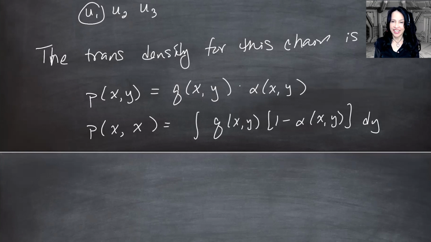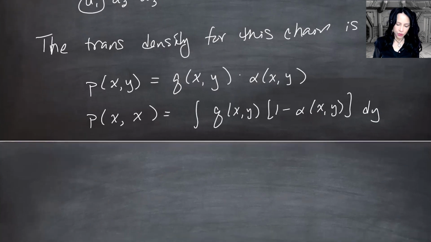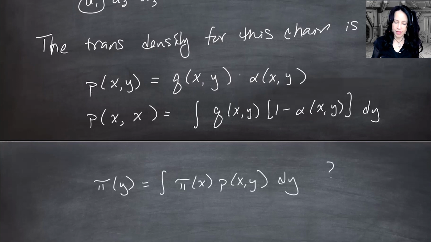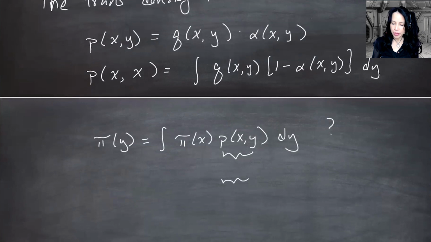So if you want to show that this is going to give you the right thing, you try the stationary equation. If you want to show that pi of y is the integral of pi of x, p x y dy, and you want to know if that holds, then you plug in the q of x, alpha of x, and then you plug in the definition of alpha, which is a minimum thing.